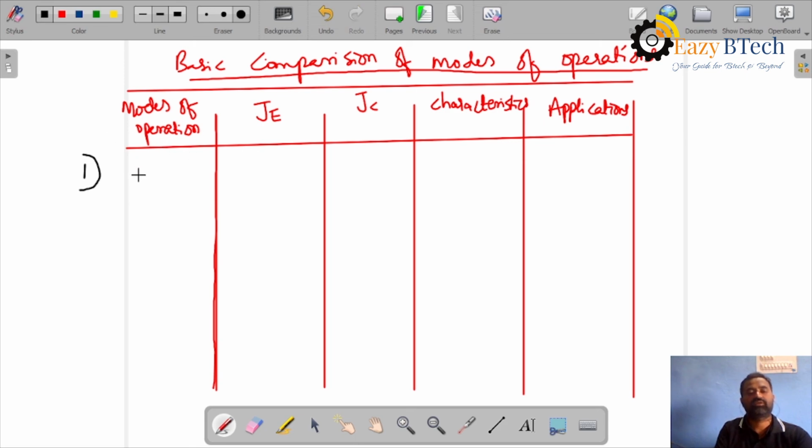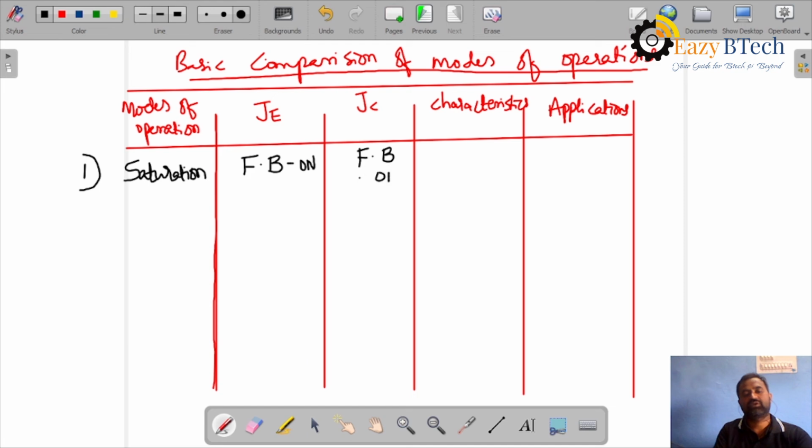Okay. Now in this, first, modes of operation. First one is saturation. Under saturation, JE is operated in forward bias. It is also forward bias. Under forward, on switch.